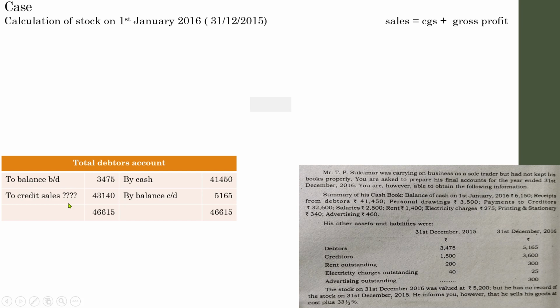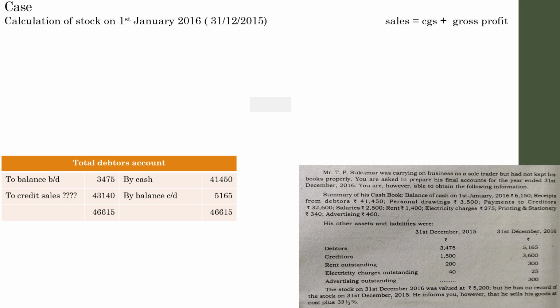And don't worry about it. In the question, if there is no information regarding cash sales, or you can't find the amount of cash sales from any of the hidden information, don't worry, this can be considered as the sales during the period. It isn't necessary that you must have cash sales and credit sales. But if there is any information or you can sort out the value of cash sales by any means, definitely you need to find cash sales also.